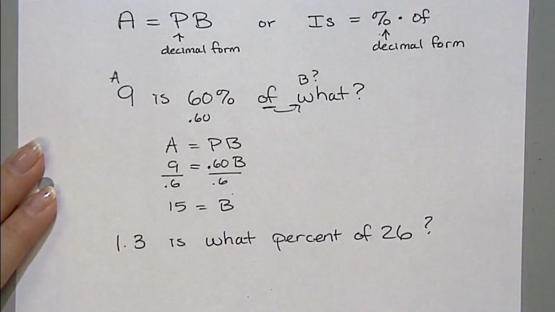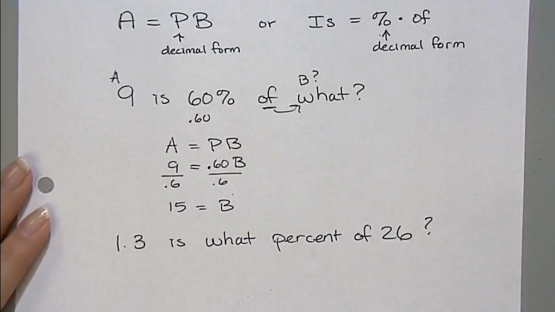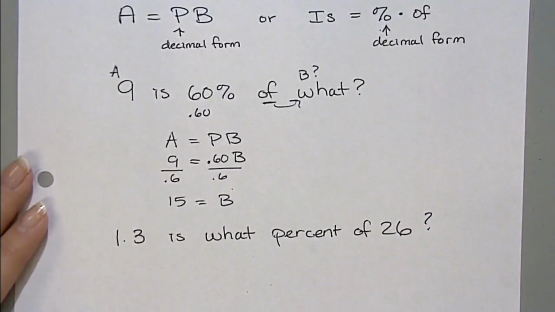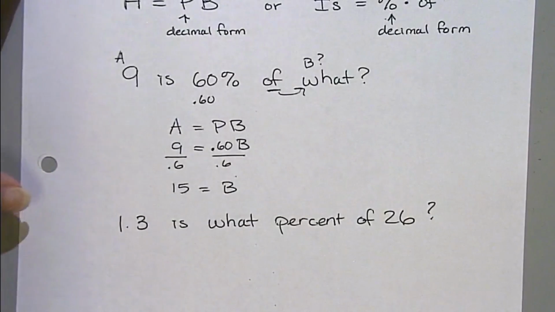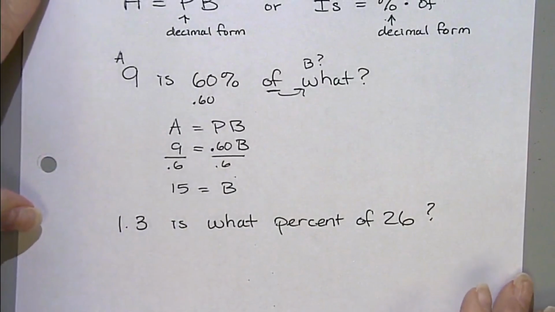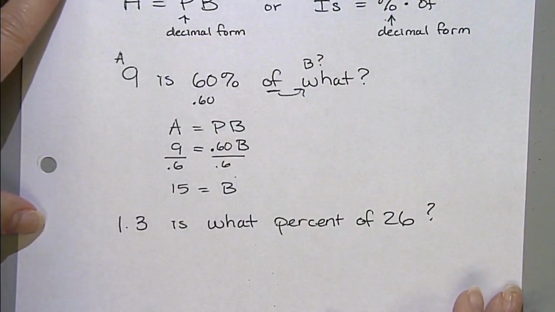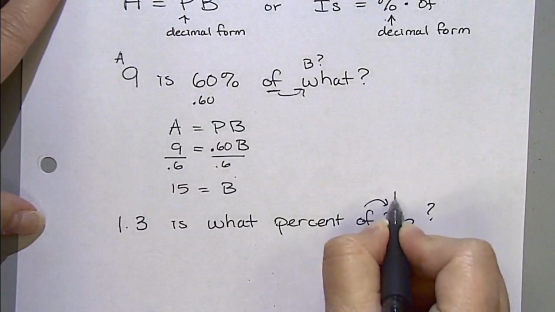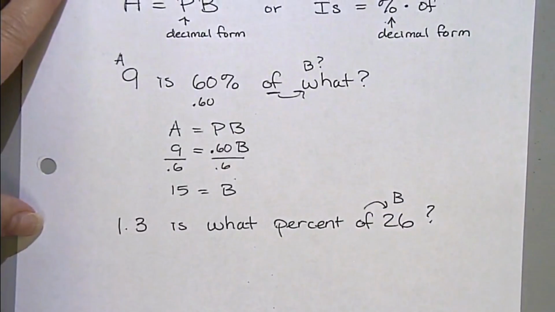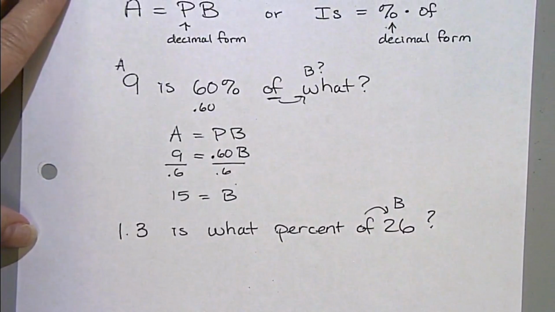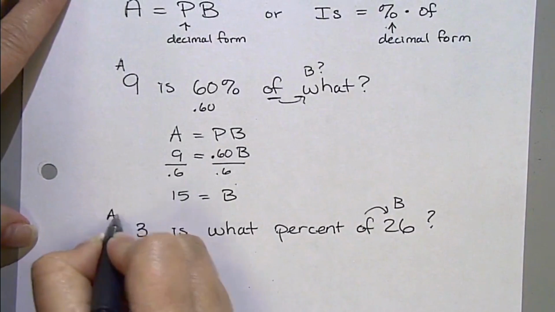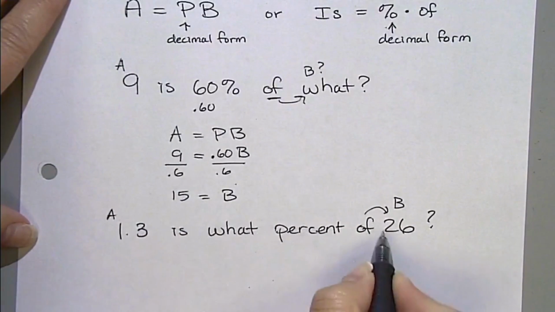Okay, here's another problem. 1.3 is what percent of 26? So again, which one is the of? Yeah, B, and which value is that? 26. So that has to be that part of the formula, the of. And that means this is the A. Or notice this is the is, that's the of.